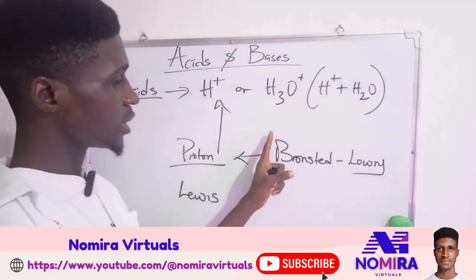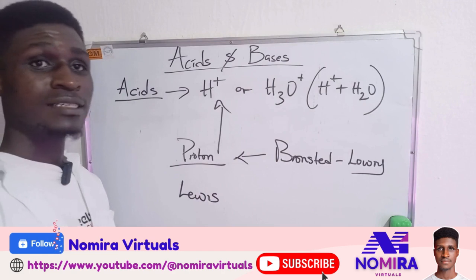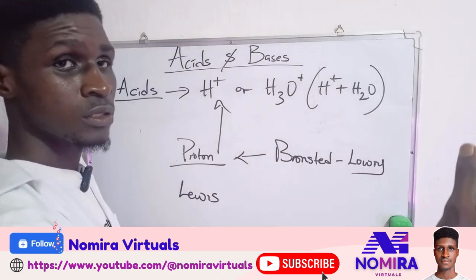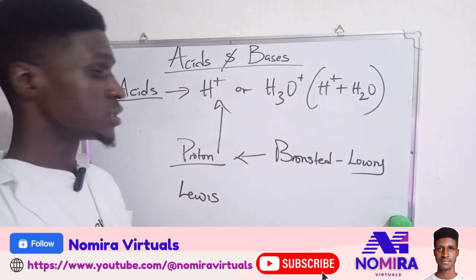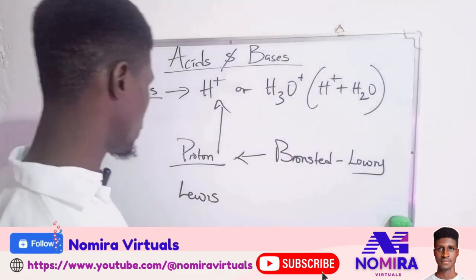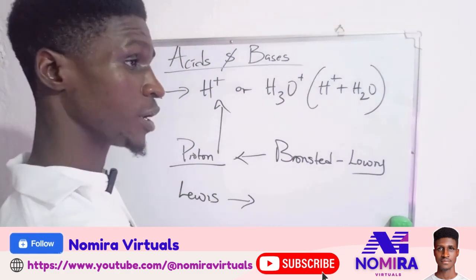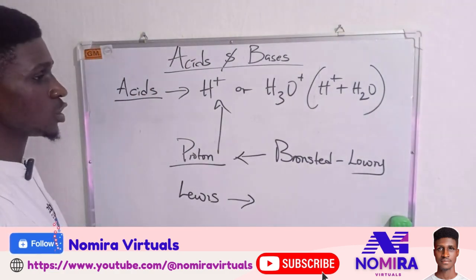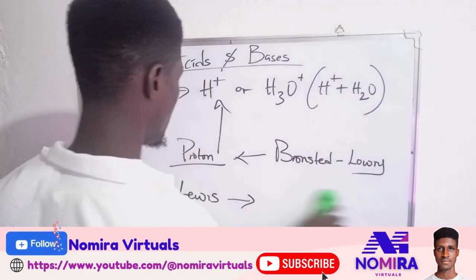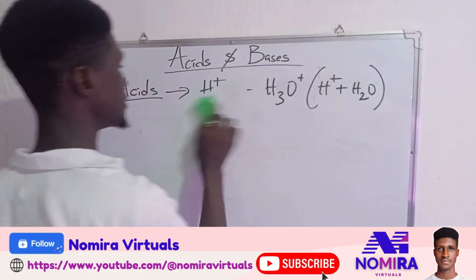Then Bronsted-Lowry's definition suggests that acids are proton donors. See, it's like words and opposites. This guy said acids are proton donors, while this guy said that acids are electron pair acceptors. Now this is just a brief discussion on the definition of acids.